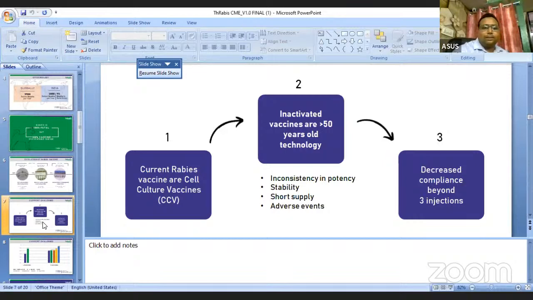Here we see current rabies vaccines are cell culture vaccines. Inactivated vaccines are more than 50 years old technology. Problems include inconsistency, potency, stability, short supply, adverse events, and decreased compliance beyond 3 injections.